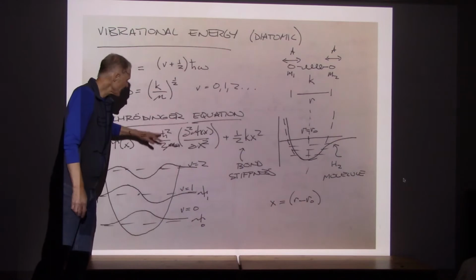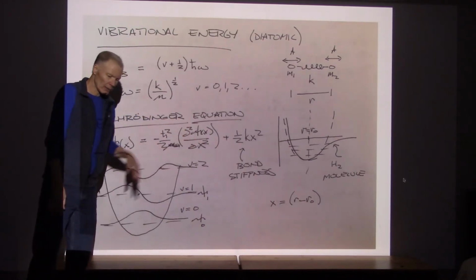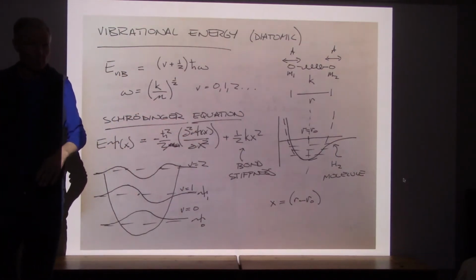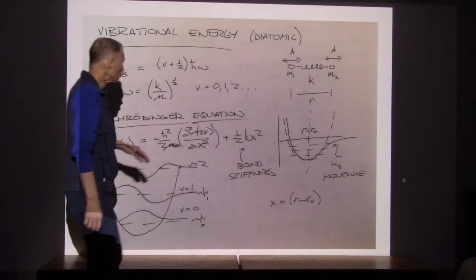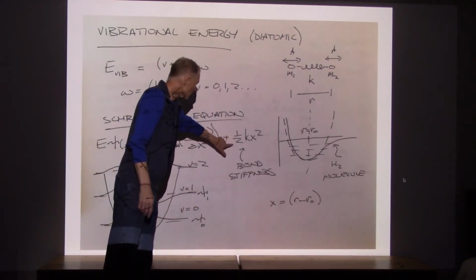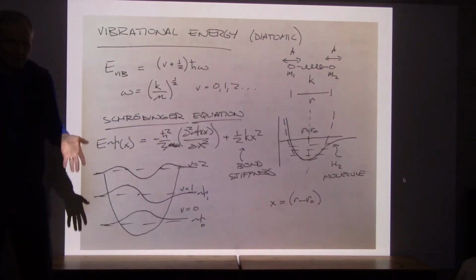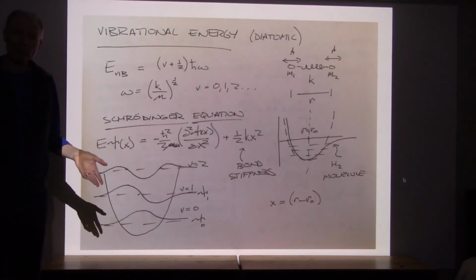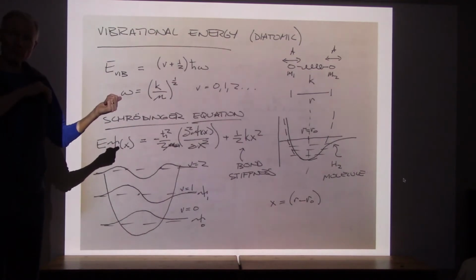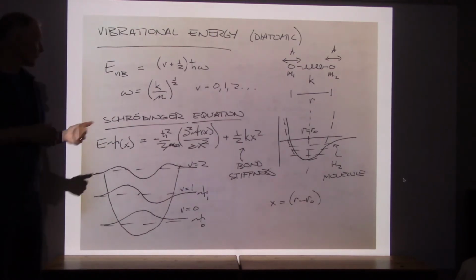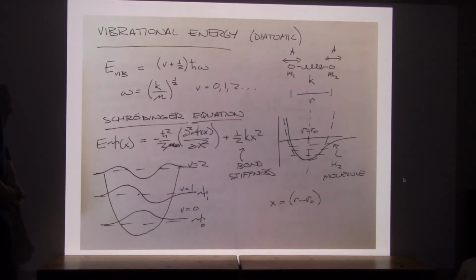And here is the kinetic energy term, so it includes kinetic energy effects. And then for the potential energy, we're going to put in 1/2 kx squared. So 1/2 kx squared is telling us how much potential energy we have. That's what we saw in the previous slide. This is telling us about the potential energy effects due to this variation in bond length.